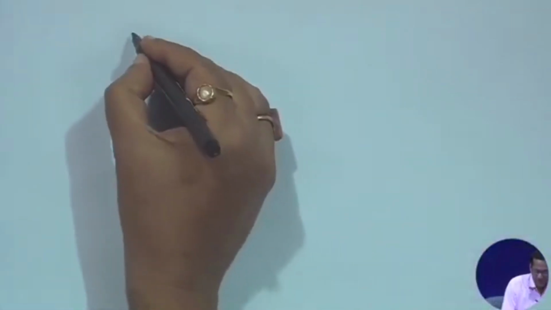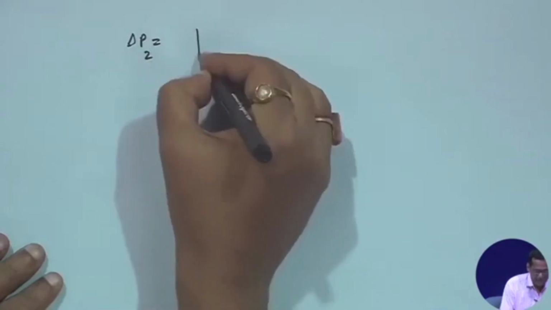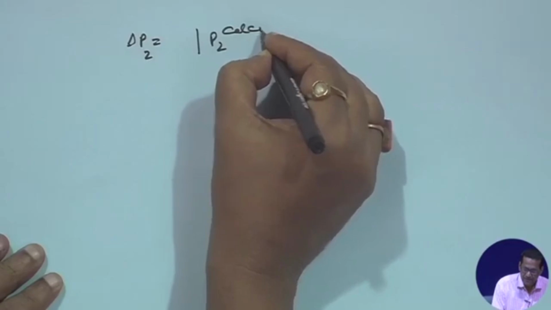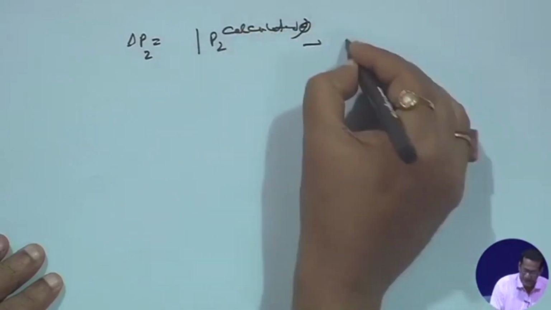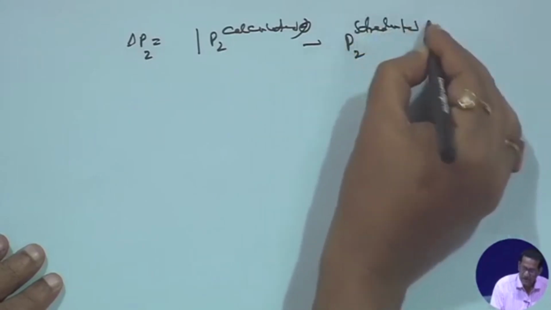It is something like this. Just one I am showing: delta P2 is equal to the absolute value of P2 calculated minus the P2 schedule value.